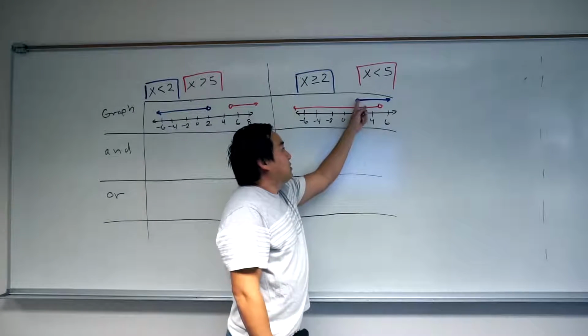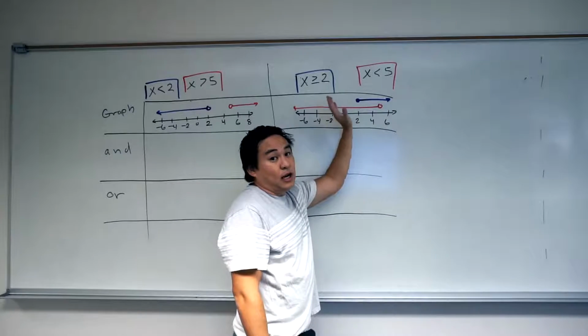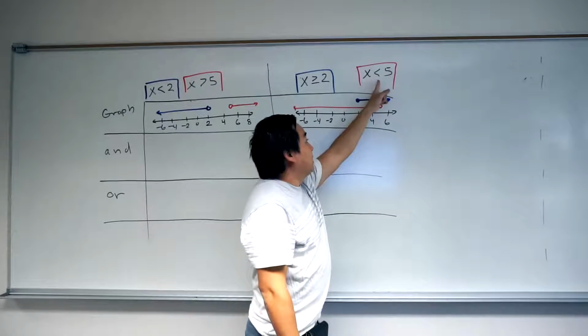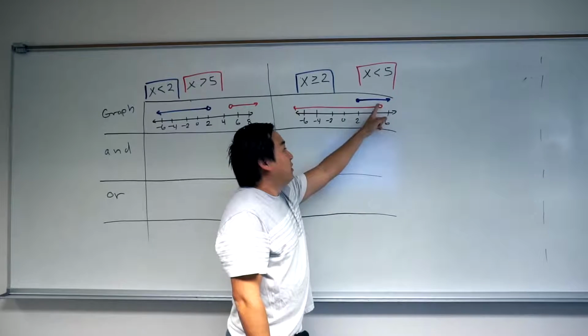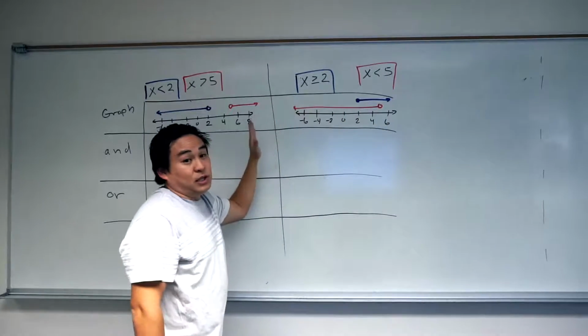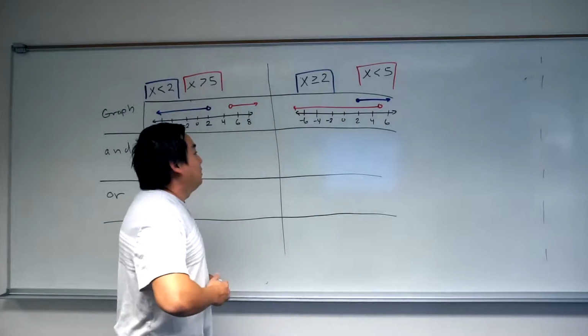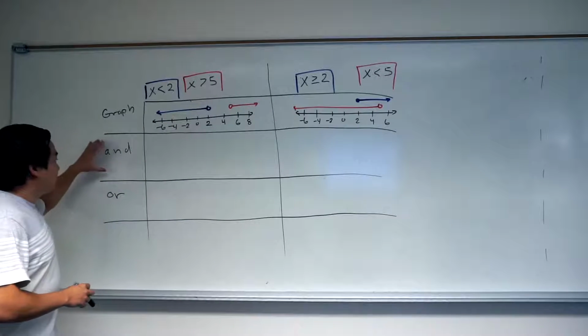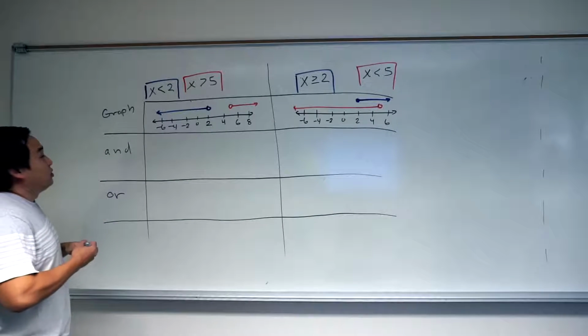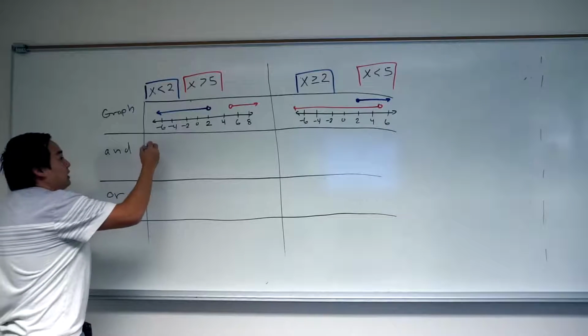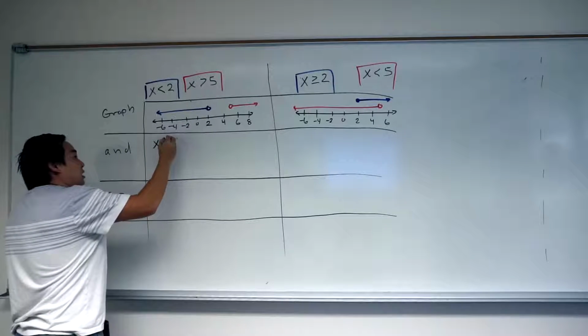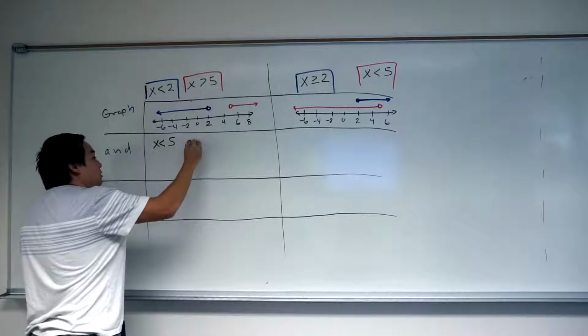So this allows us to have this equality at the 2 here, and then above. And then x is below 5 is open, and then to the left of 5, which is below. So remember, let's look at the reference word "and." What this is basically asking you is to solve this type of inequality.